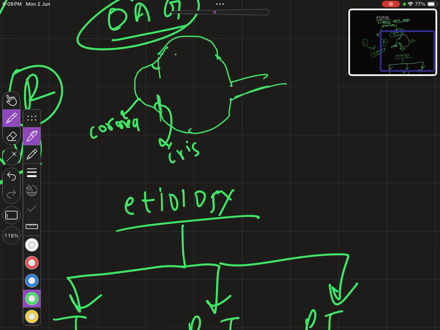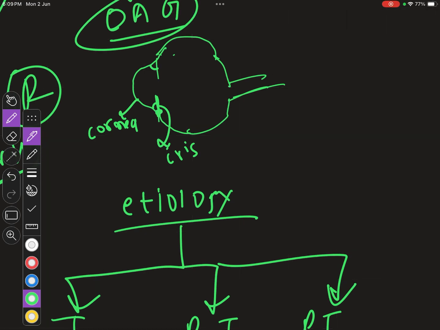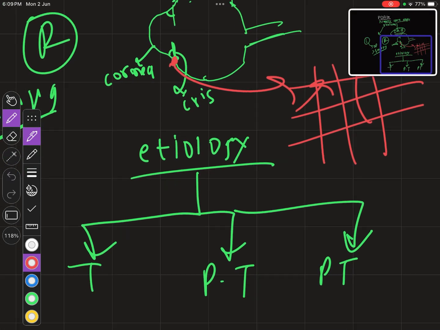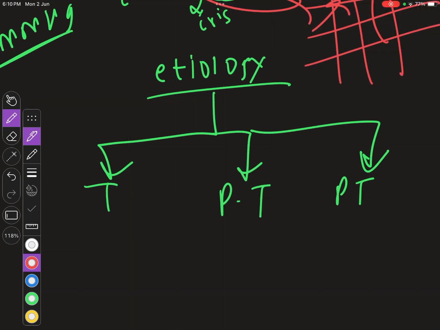First of all, let me explain trabecular. This part here, let me use a different color, this is the trabecula. If I zoom this out, it is a net or a mesh from which the aqueous humor is drained out, and this is how the IOP is maintained and regulated. If the blockage is in front of the trabecula, preventing the aqueous humor from reaching it, that is a pre-trabecular block.